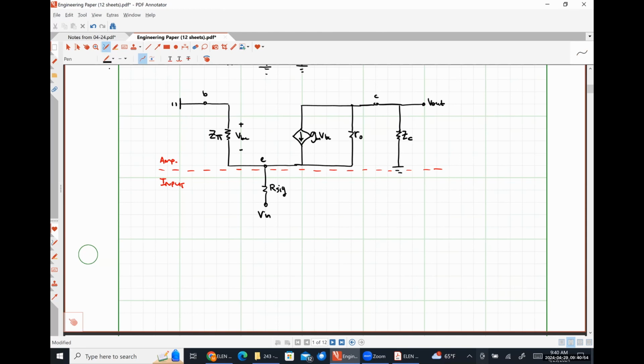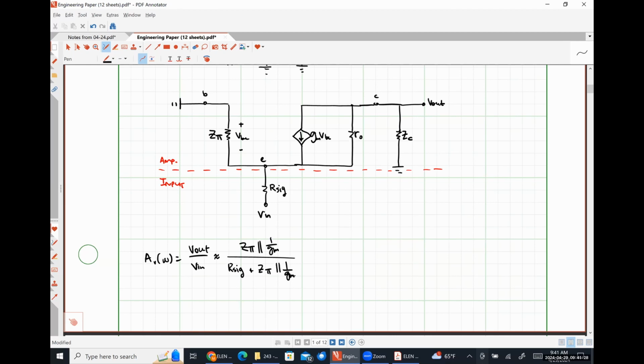So overall, our frequency dependent voltage gain for this system, AV of omega, which would just be V out over V in, is going to look something like Z pi in parallel with 1 over GM divided by R sig plus Z pi in parallel with 1 over GM.